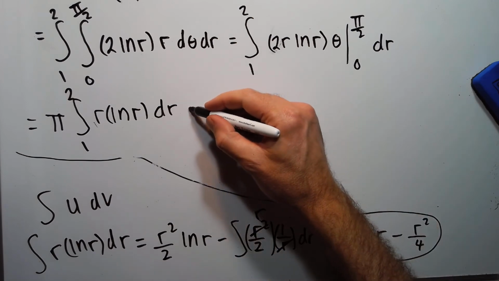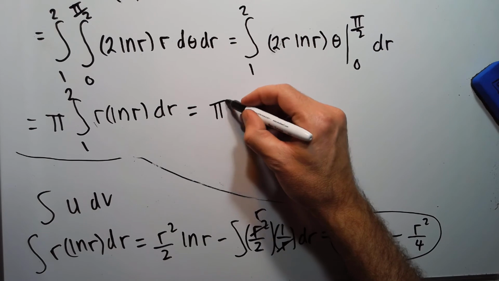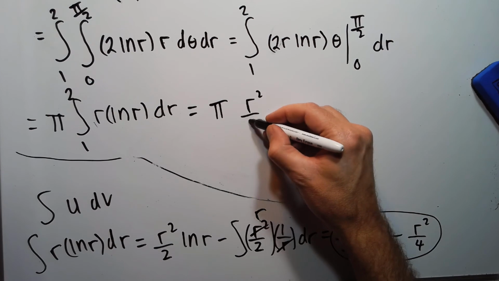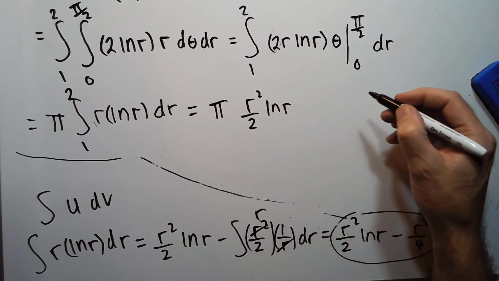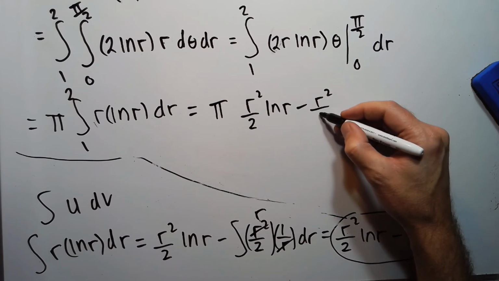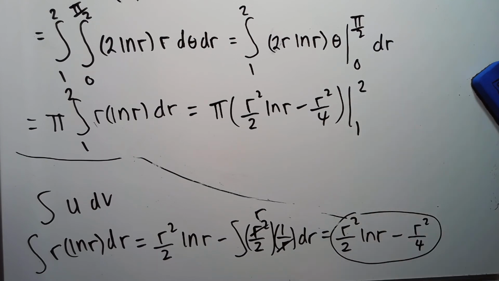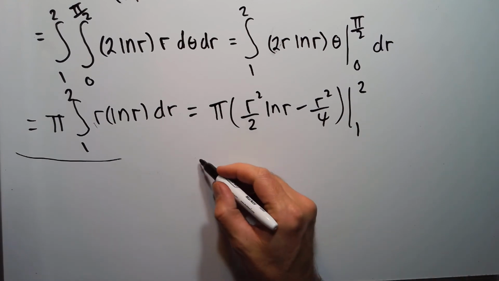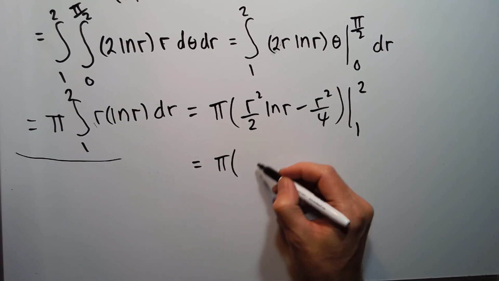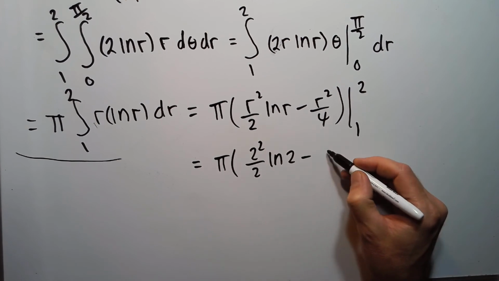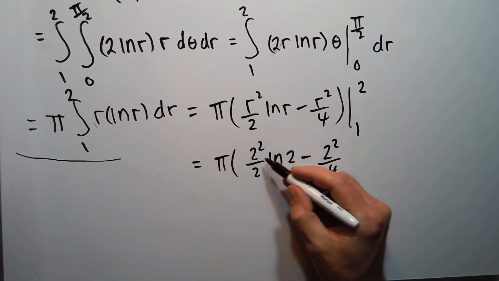Okay, so now I can make the substitution up here. So it'll be pi, then the integral of this guy is r squared over 2 ln of r minus r squared over 4, evaluated at 1 and 2. Okay, so I'm going to put 2 in and put 1 in and work it out. Putting 2 in, it'll be 2 squared over 2 ln of 2 minus 2 squared over 4.